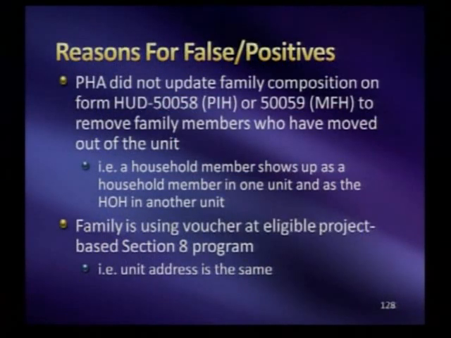Now, you can have some false positives from this report, and this does occur if you do not update your 50058. So for example, if you had a client who actually turned in keys, a vacate notice, or gave you a notice that they were leaving the voucher program or what have you, and you just hadn't done the EOP transaction, remember, EIV is looking at PIC and TRAX.